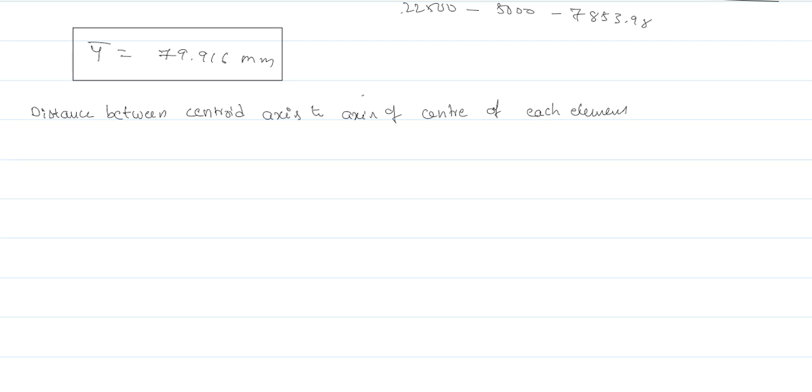Every element has an individual axis, that is x1 y1, x2 y2, x3 y3, and we have centroid axis, nothing but x bar y bar. So we are going to measure the distance from those centers.